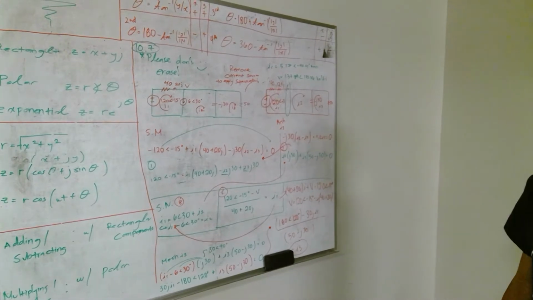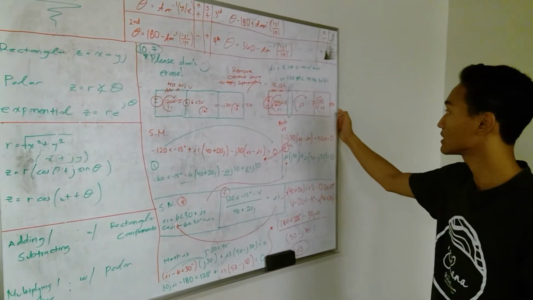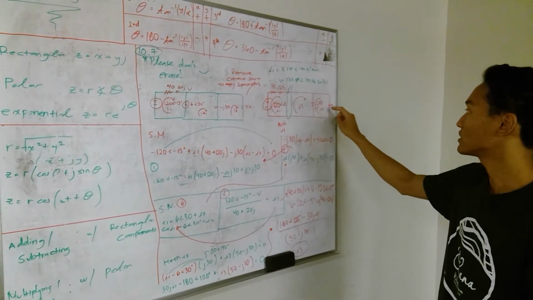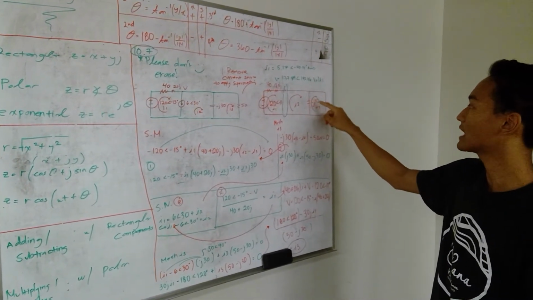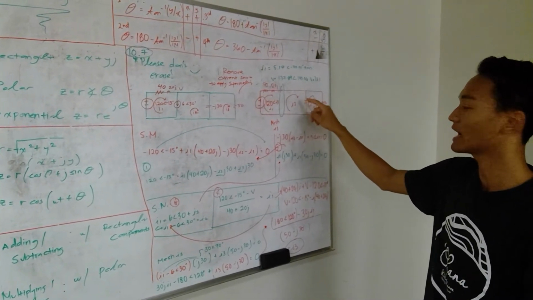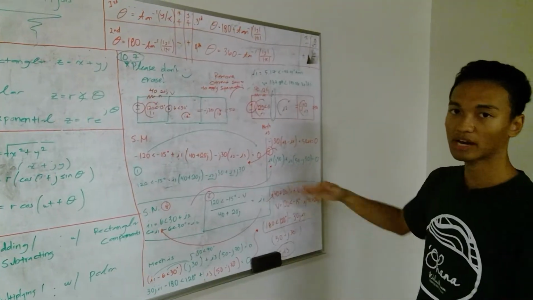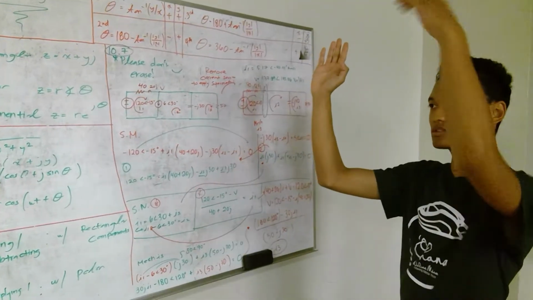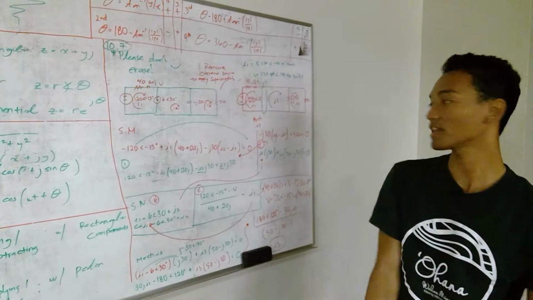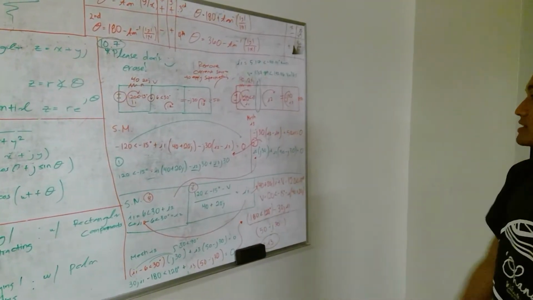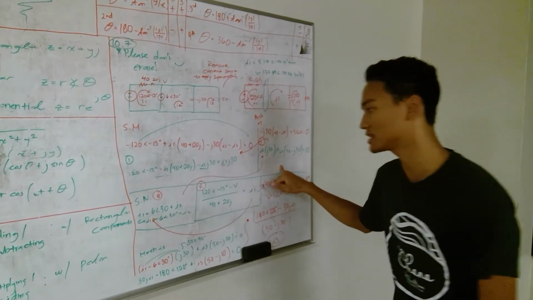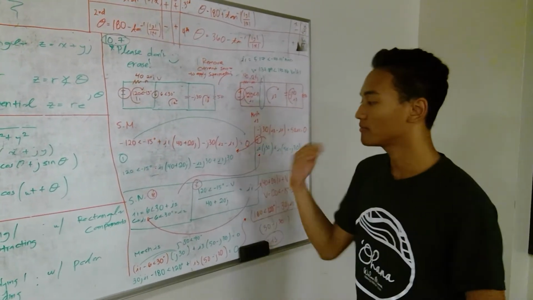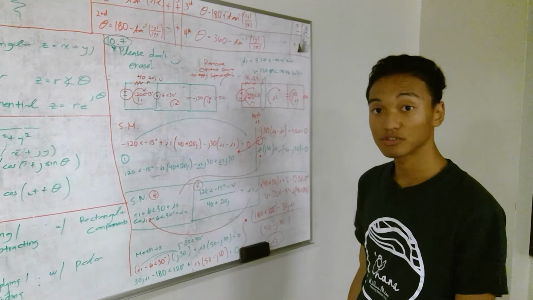From there, I applied mesh analysis onto the last box for I3. So I did 50 I3, and then I3 times J30 minus I2. I3 is going out and I2 is going the opposite way, so you want to make note of that. I got my first equation for SuperMesh, my second equation for mesh analysis, and now you have to make note of your super node.